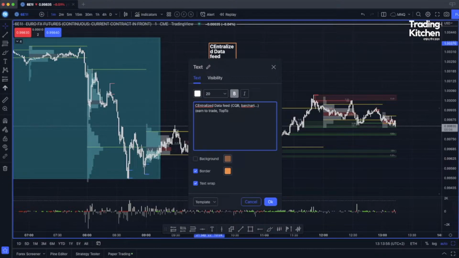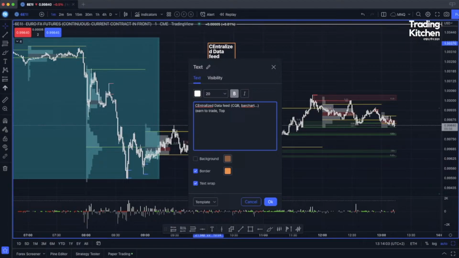To be honest, I don't remember if it's TopStep when you become a funded trader. I don't know if the monthly fee is also for the data feed. I don't remember, but at the beginning, for the evaluation, for the challenge, it is. So anyway, TopStep. Basically, this kind of data costs about $100 per month.